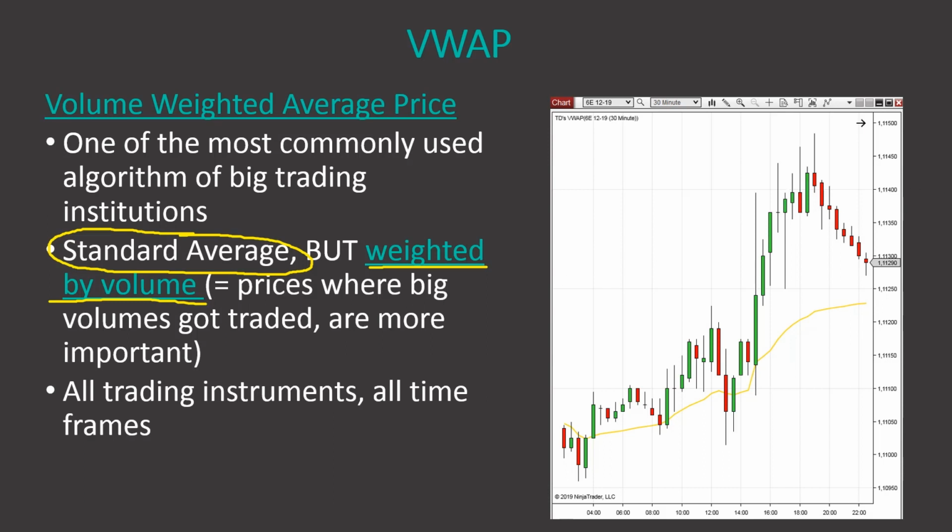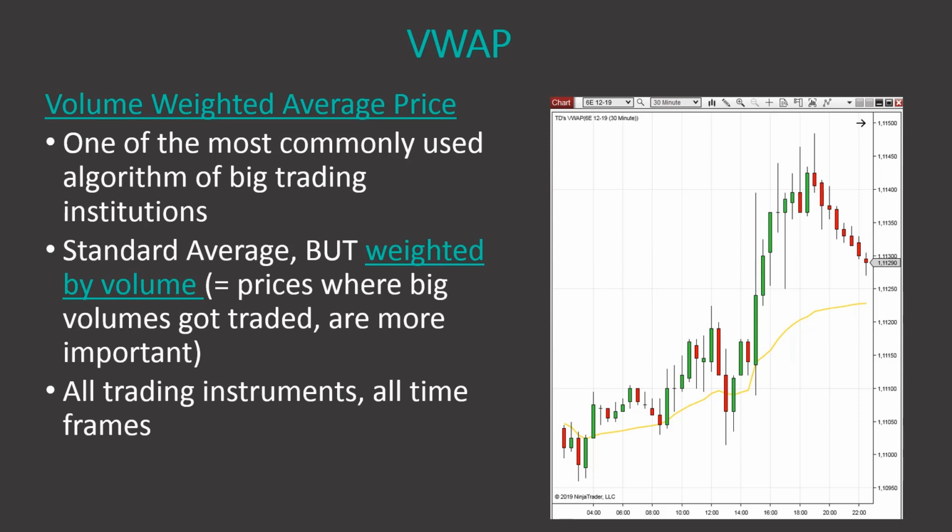Now, let me demonstrate what the difference actually is in standard trading for normal people, right? Imagine with a standard average, for example, the price is moving upwards, so there's an uptrend, and you have the standard average indicator, and it basically follows the price. The price goes upwards, the average also goes upwards.